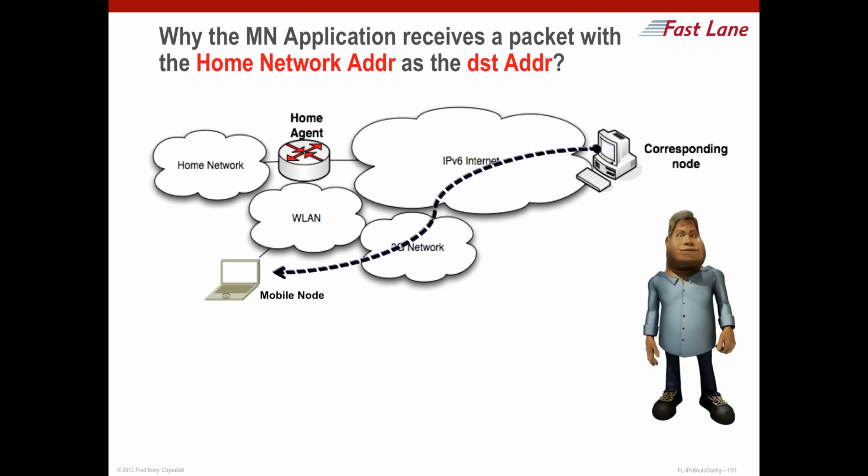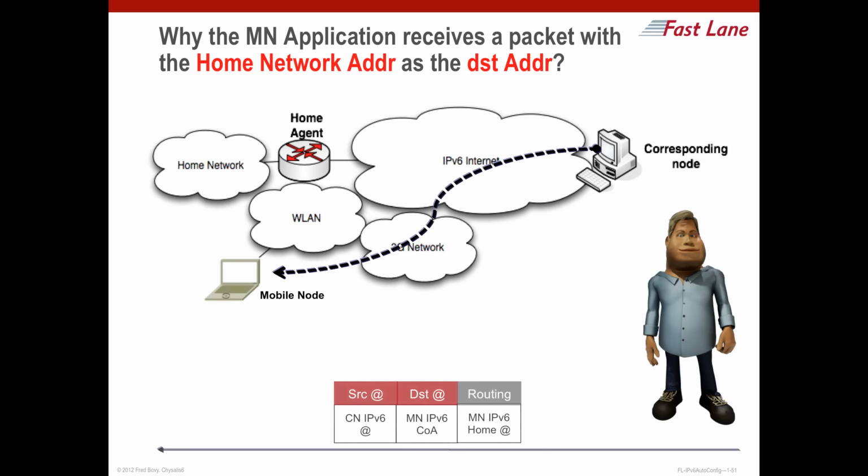On the other way around, we use another extension header. We use a routing type 2 header. And same principle. The packet is sent to the mobile node IPv6 care of address, but we have in the routing header the mobile node IPv6 home address.